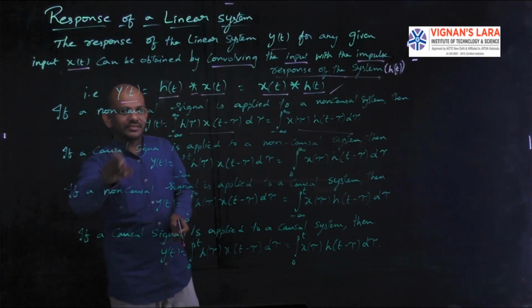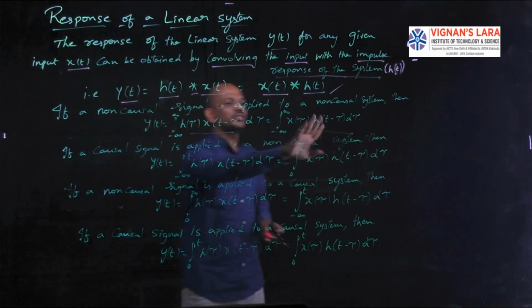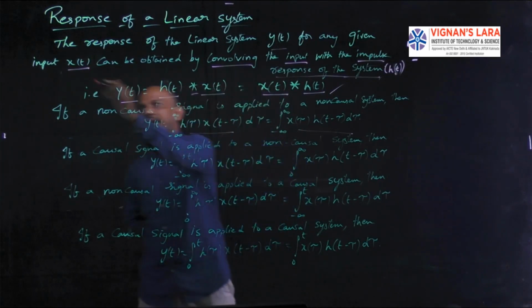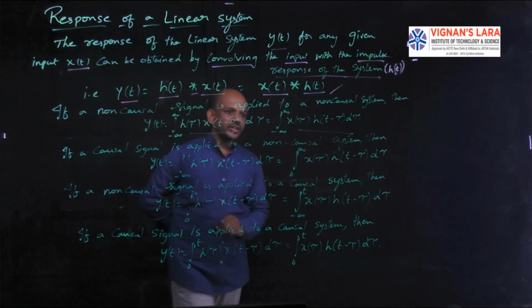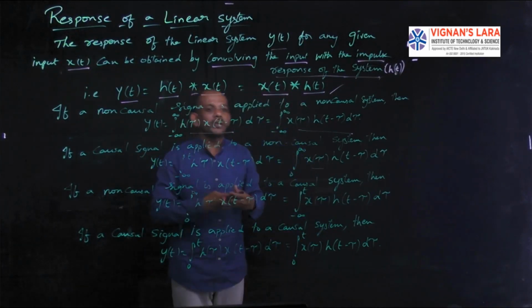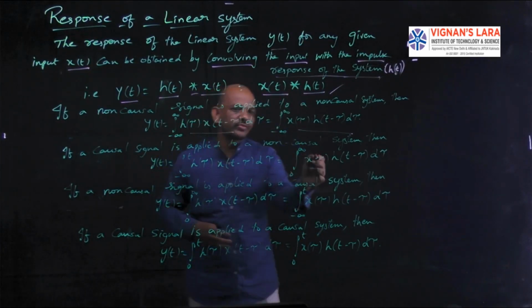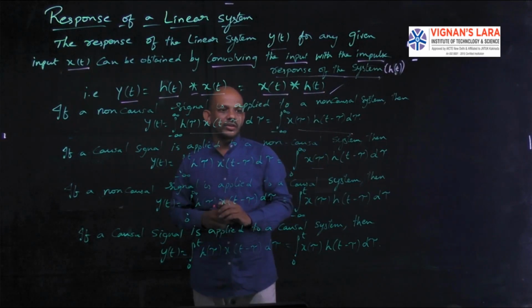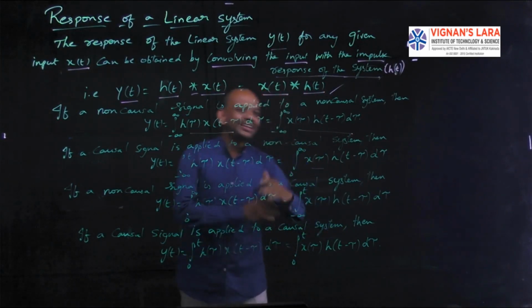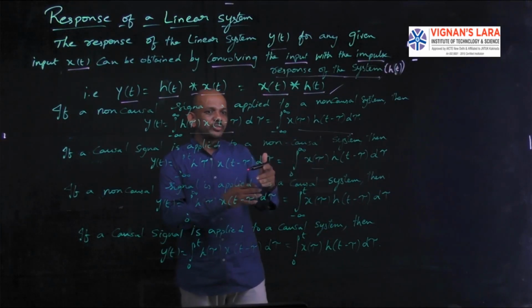So if a causal signal is applied to a non-causal system, the input signal is x of t. While representing the formula for convolution, we have to write x of tau into h of t minus tau d tau. This will be causal, that is, the t value should be greater than 0.